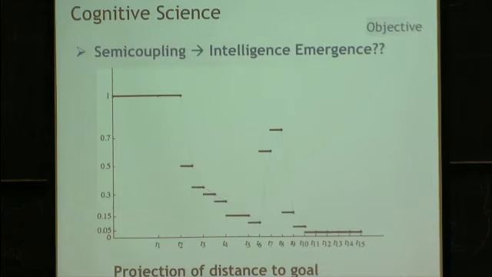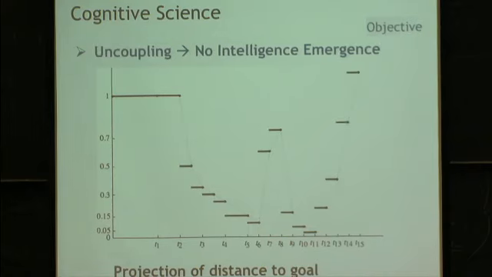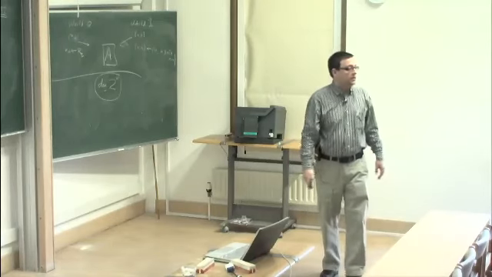Semi-coupling: we don't know if there's something intelligent on the other side, and then we don't know if we will reach the goal or not, because the time ends. And uncoupling is when our system, the function, completely diverges.